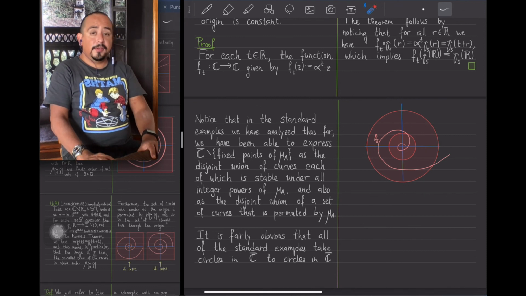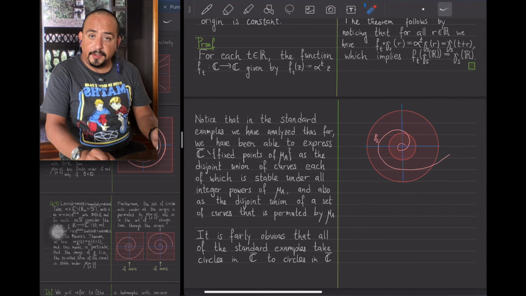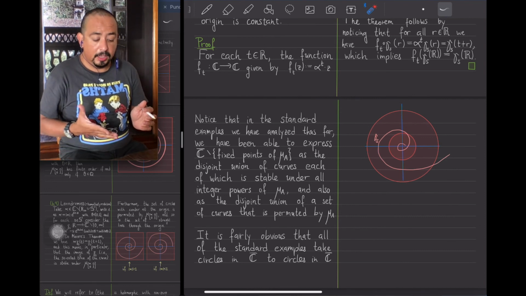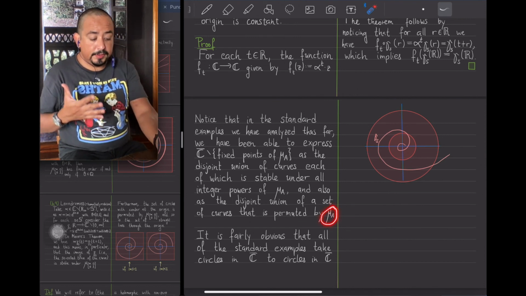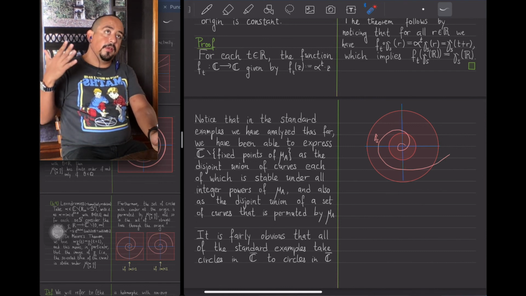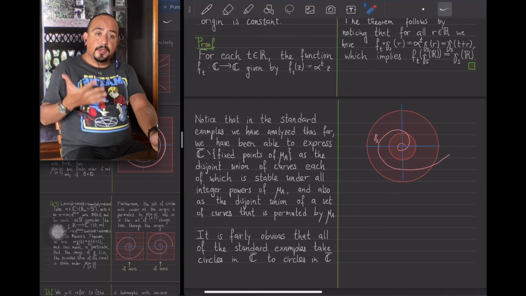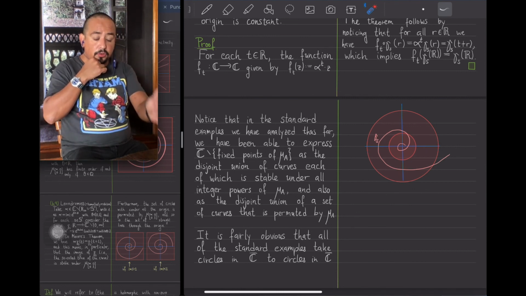And one last remark is that in all the standard examples we have analyzed so far, it is obvious that the given Möbius transformation sends circles in C to circles in C bar. Right? So this is clear for translations, homotheties, the rotations, and also the Loxodromies we have seen.